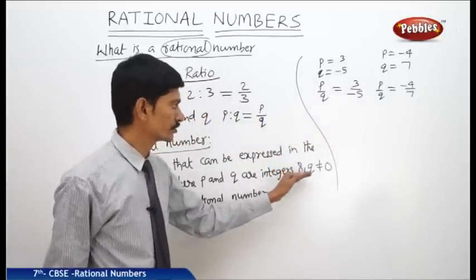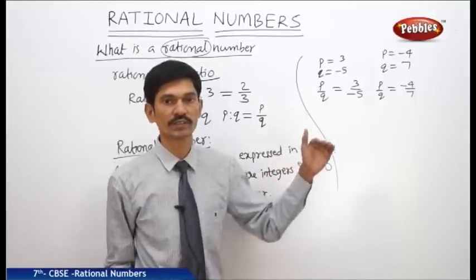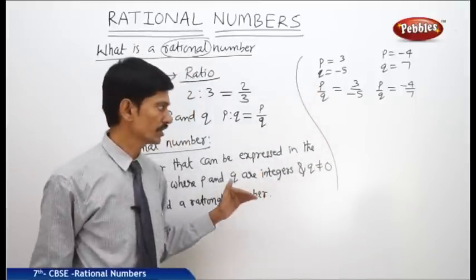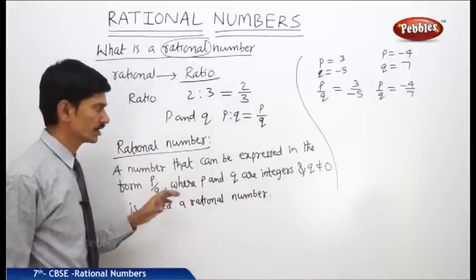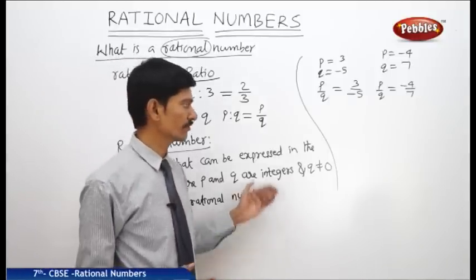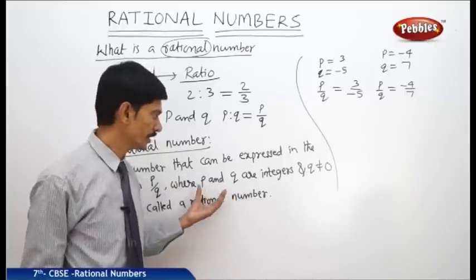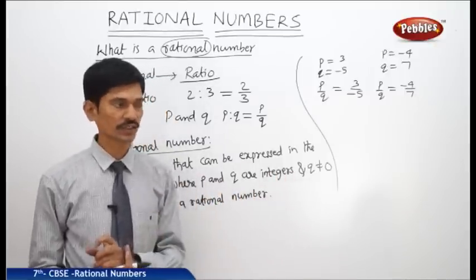Then why should Q not be equal to 0? We know that division by 0 is not defined. That is why the denominator Q should not be 0. So any number that can be written in the form P/Q where P and Q are integers and Q is not equal to 0 is called a rational number.